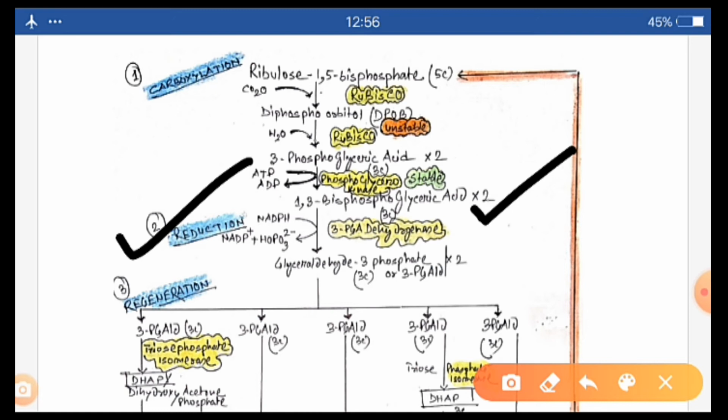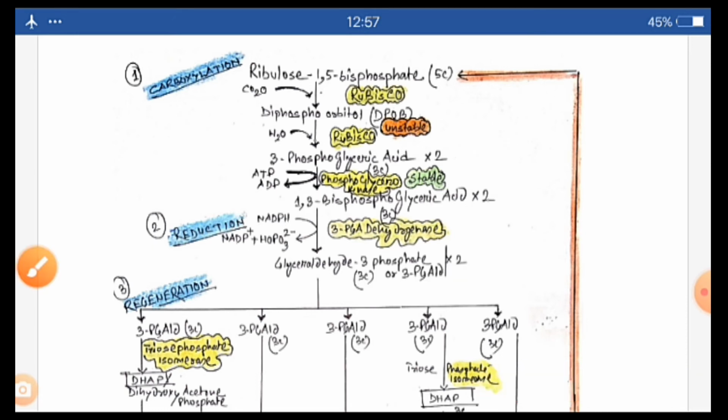Okay, and as a result of that, NADP positive ion, HOPO3 negative ion and glyceraldehyde 3-phosphate are formed, and the whole process is catalyzed by the enzyme 3-PGA dehydrogenase.